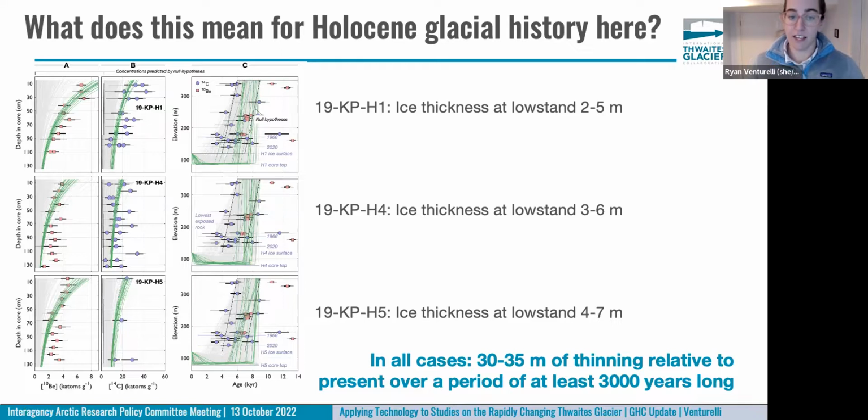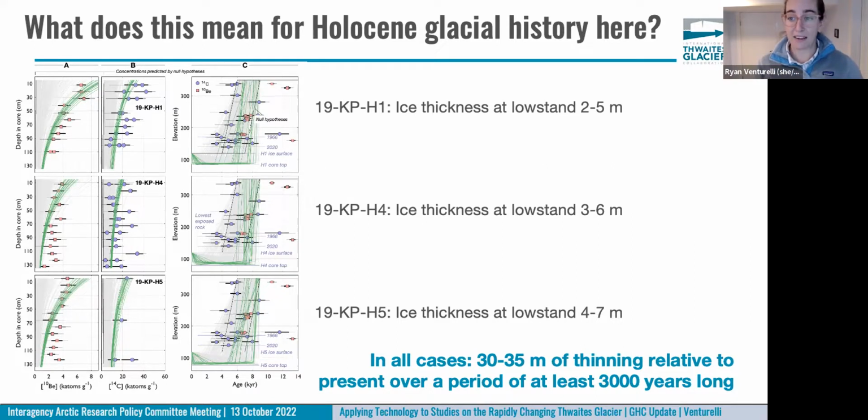So in every case, at every hole with both beryllium-10 and carbon-14, which are able to constrain what happened over the last few thousand years, we find that ice was thinner in this region by about 30 to 35 meters for a period of 3,000 years before ice rethickened somewhere in the last 2,000 years to where we observe it today.